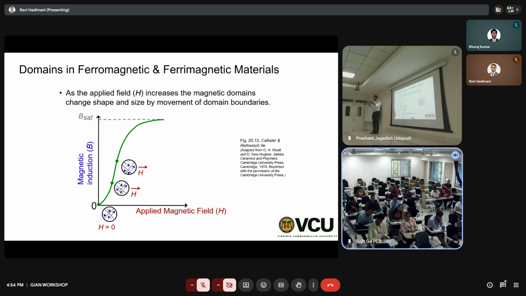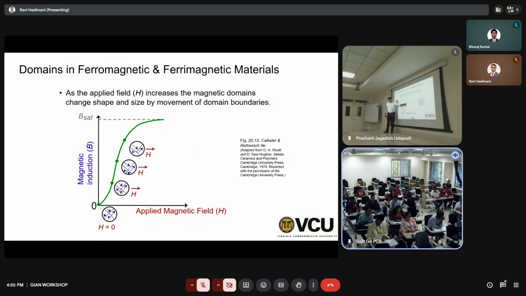Just like grains are visible. You take a really good microscope and you can see grains in a polycrystalline sample. But if you take a magnetic material, you can't see domains. Each domain has a specific spin direction. These are virtual regions, okay?